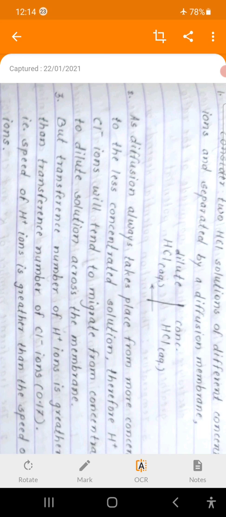That is, H plus ions and Cl minus ions from concentrated solution migrate towards dilute solution.